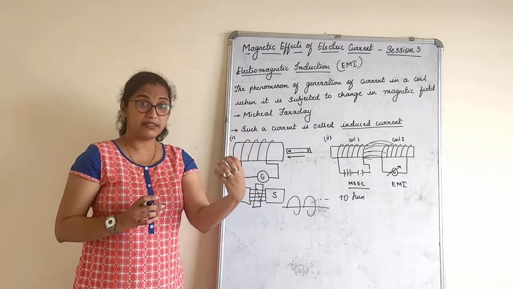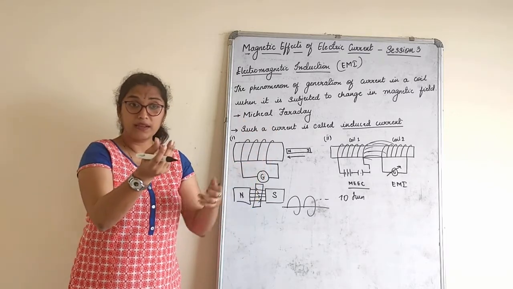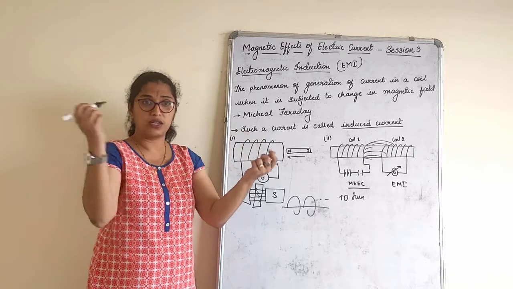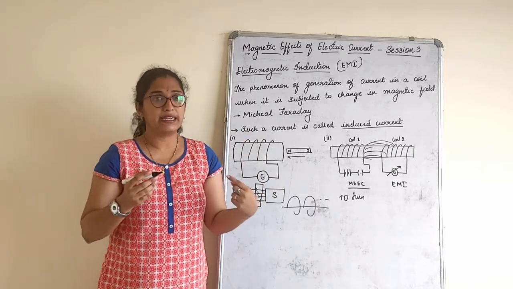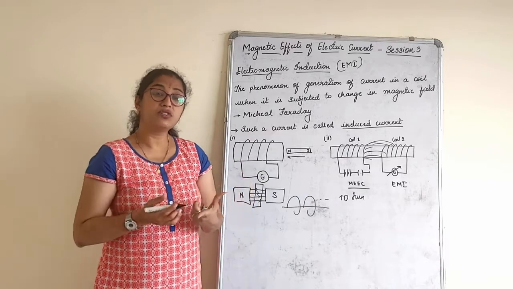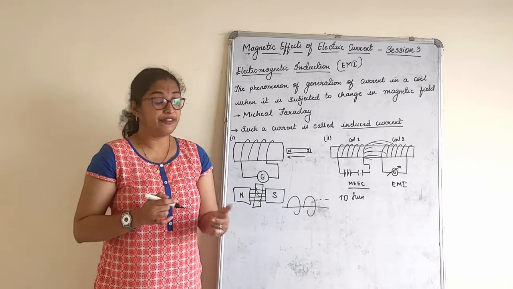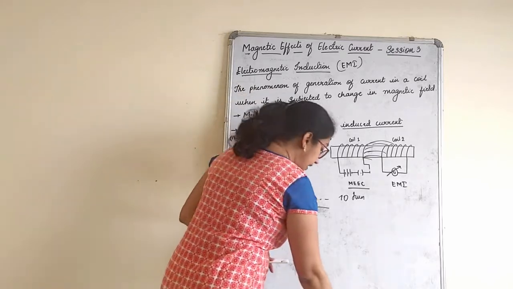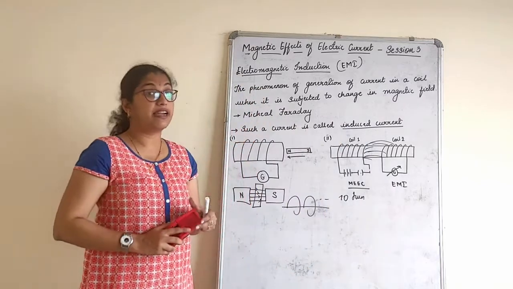See, I have a conductor placed in the magnetic field, and when I move the conductor or the magnet, whatever it is, an induced current is generated. In which direction is that induced current generated? How to identify that? That is given by Fleming's right hand rule.